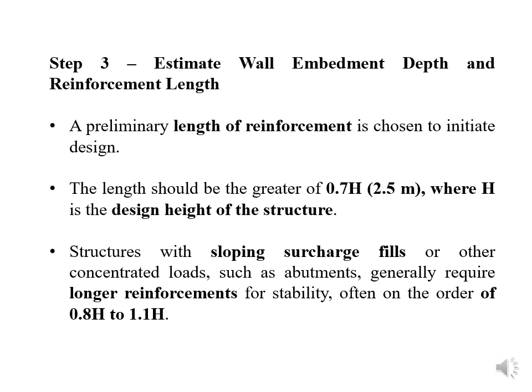That means, for a structure with sloping surcharge fields or other concentrated loads which you are going to retain, you have to use a reinforcement dimension of 0.8 H to 1.1 H, where H is the height of the wall which you are going to construct, right? So whatever reinforcement you use, it should vary from 0.8 H to 1.1 H.